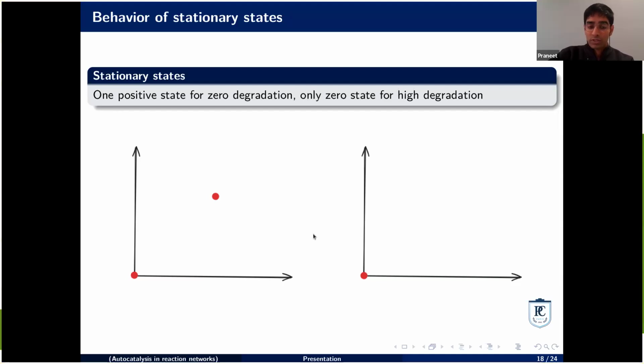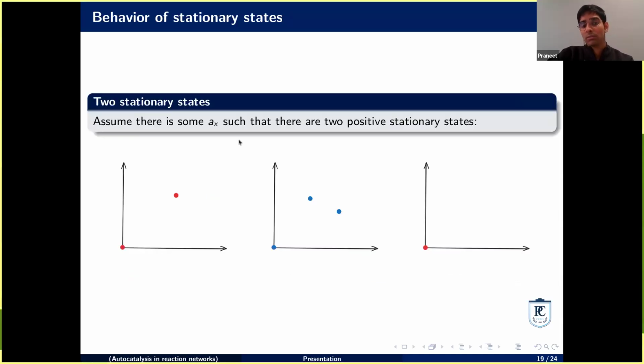So how we prove it is that we assume that there is some degradation set which will give us two positive stationary states in the bulk. And then because of this, it's possible to extrapolate between these sets. So we take the degradation as a vector which is alpha times a_x, where alpha is a parameter we can manipulate.